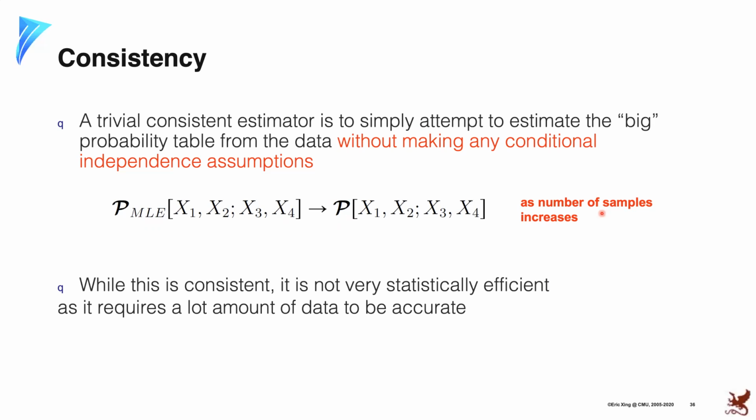So while this one is consistent, it is not very statistically efficient. By statistically efficient, I mean that compared to another model to estimate the true joint probability, this method would require more data in order to get the same accuracy. So directly estimating from the data without any dependency or structure assumption is not statistically efficient.